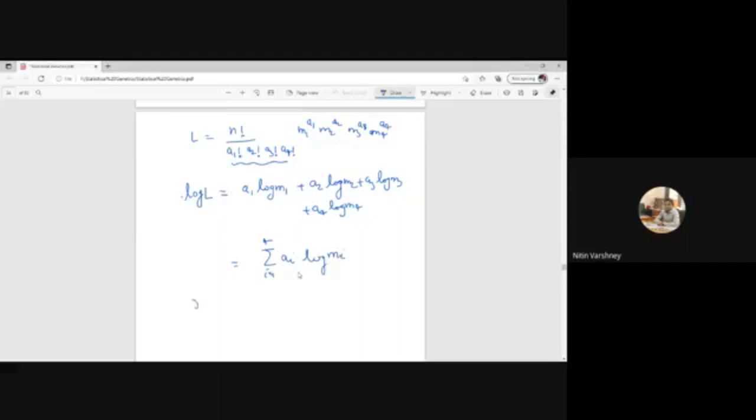Now if I take the derivative, del log L with respect to theta, this will be summation i equal to 1 to 4 ai del log of mi upon d theta, and this will be equal to 0.